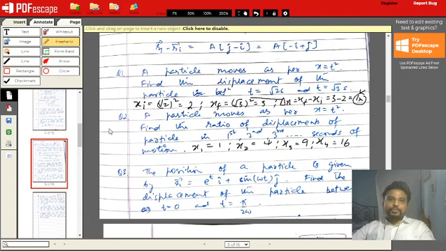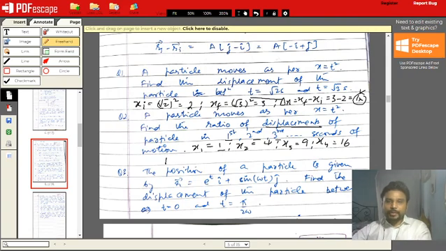Now, if we look at the wording of the question, it is required of us not to write the ratio of positions, but the ratio of displacements of the particle in first, second, and third seconds of motion. The displacement in the first second would be the displacement between 0 second and 1 second. At 1 second, the position of the particle is 1, so displacement between 0 and 1 becomes simply 1.